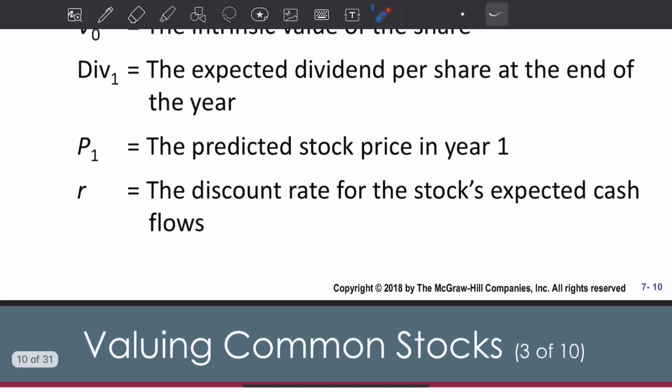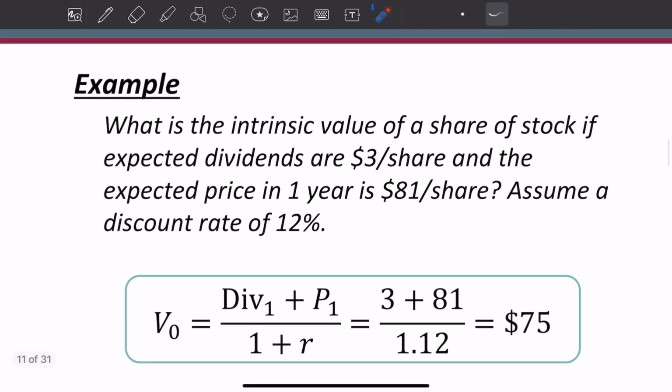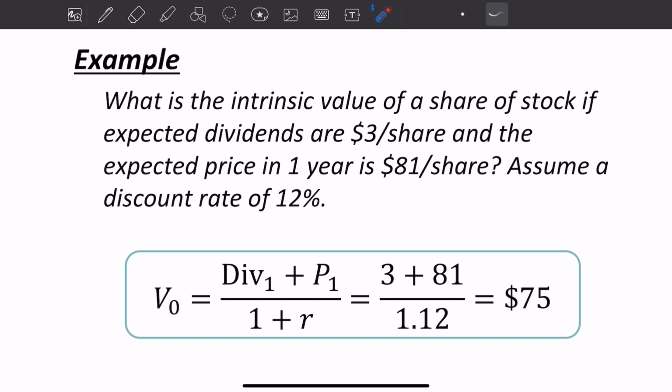All right. Here we'll see an example. The example says, what is the intrinsic value of a share of stock if expected dividends are $3 per share and the expected price in 1 year is $81 per share? Assume a discount rate of 12%. Okay. So this is a stock that is expected to pay $3 in dividends.